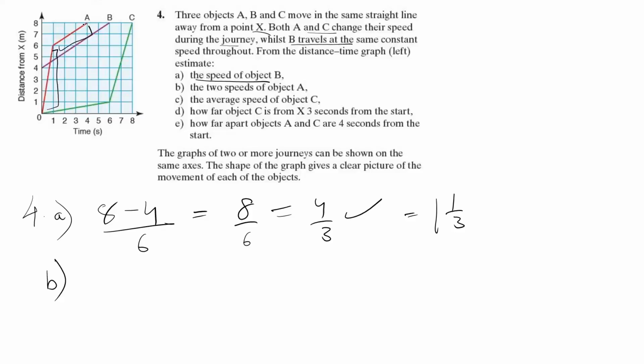I got 6 meters per second for the first diagonal, and for the second one I got 2. It should be 8 minus 6 divided by 4 minus 1, which is 2/3.